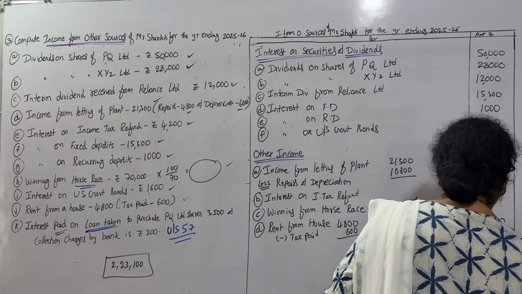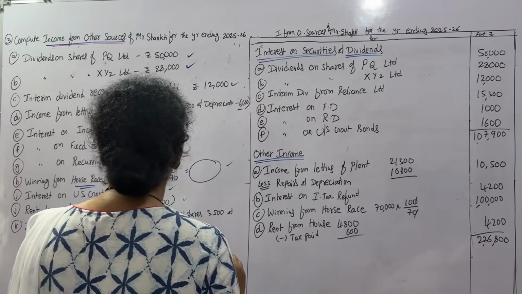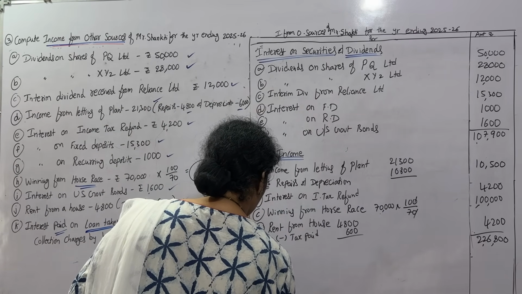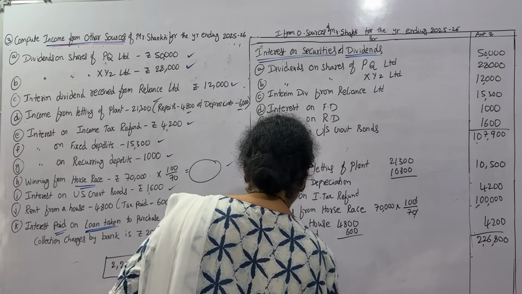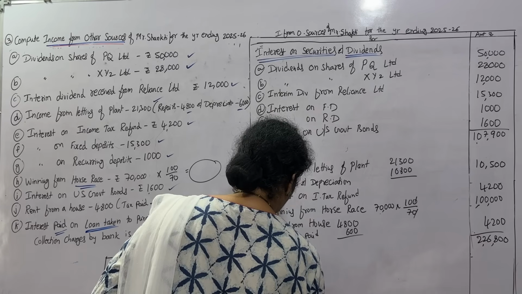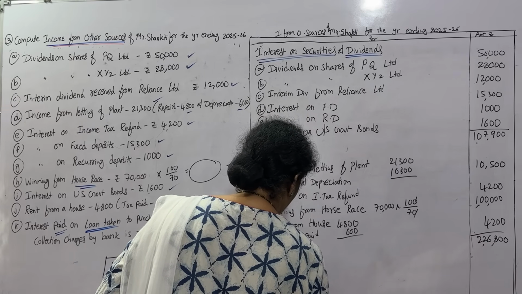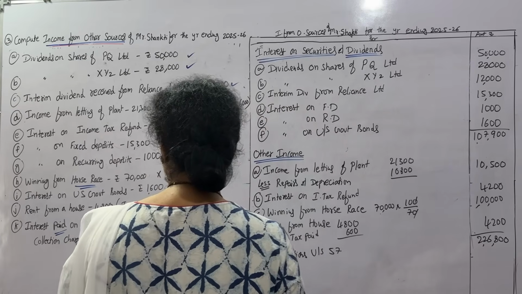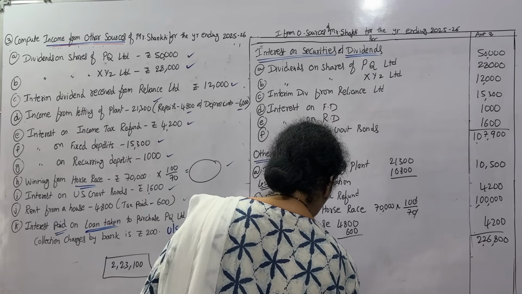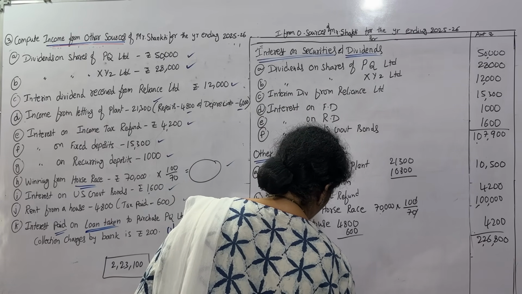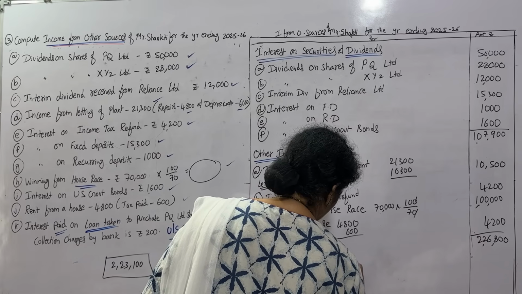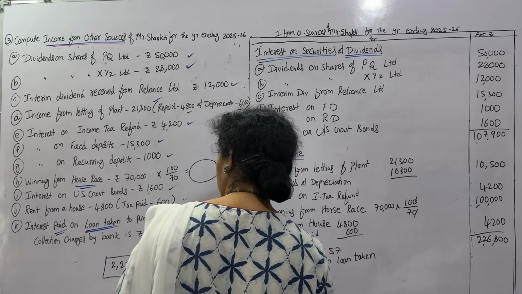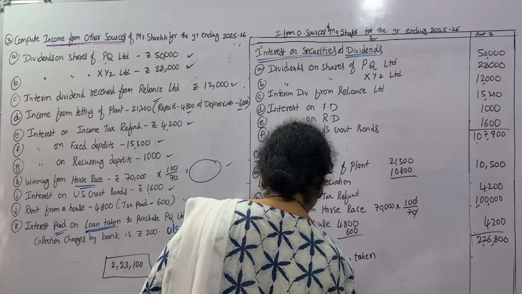2,26,800. Deductions are there. Less deductions under section 57. What do we have? Interest on loan, interest on loan taken, and also bank charges.